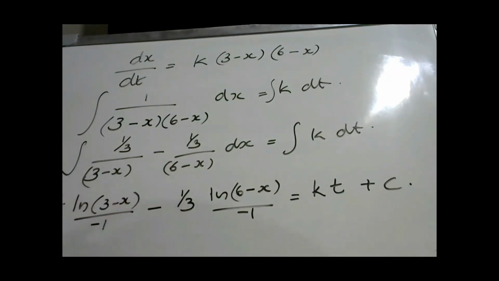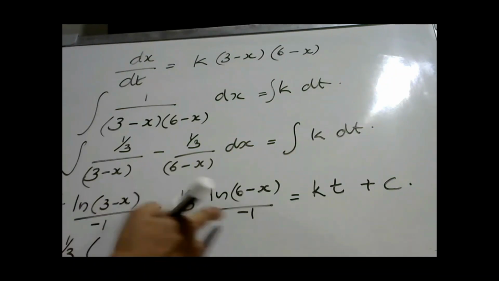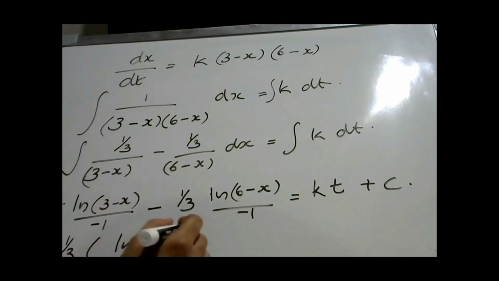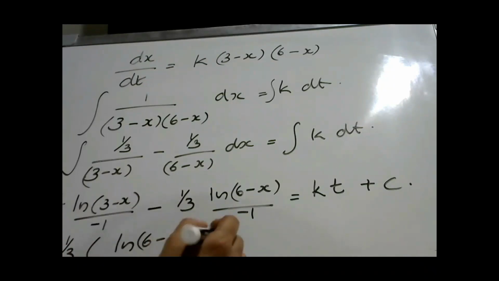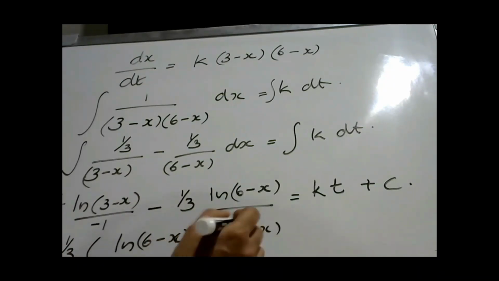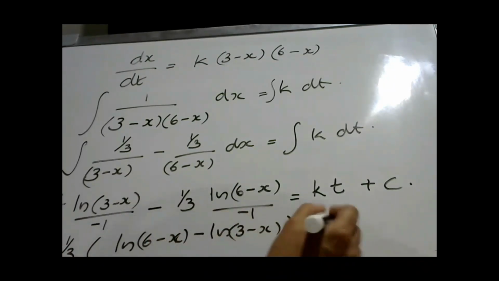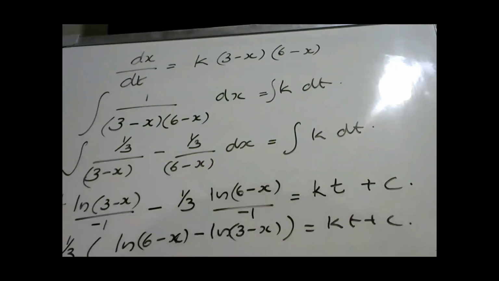So 1 over 3 is common. I take that out. This one, ln of (6 minus x), since negative of negative is positive, minus ln of (3 minus x) is equal to kt plus c.